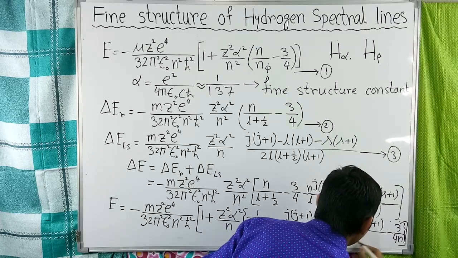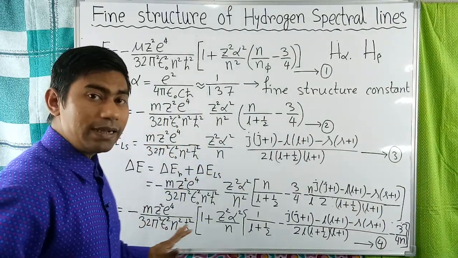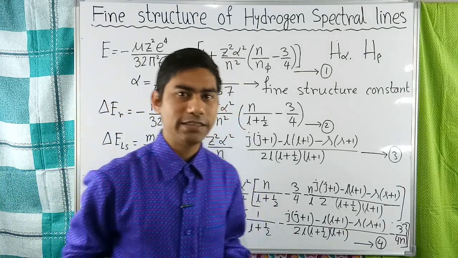Suppose this is equation 4. So this is the completely corrected expression for energy.